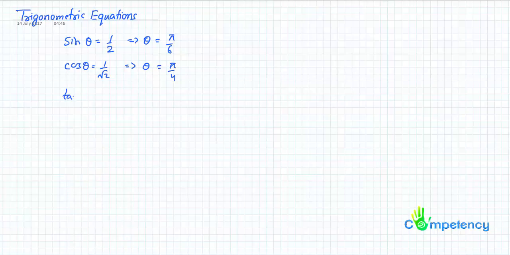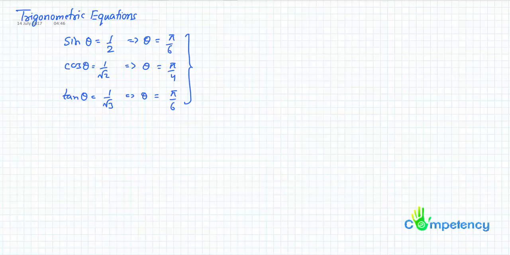In the same way, if tan theta is equal to 1 by root 3, that means theta will be equal to pi by 6. Now these solutions for theta are actually not the only solutions.